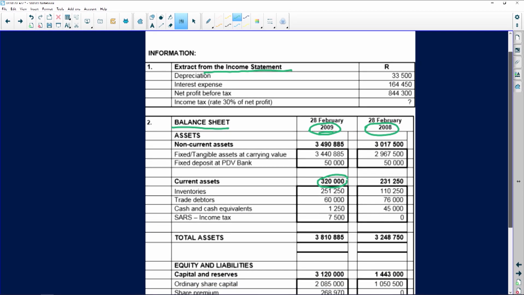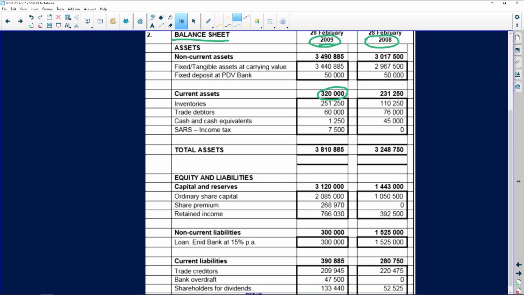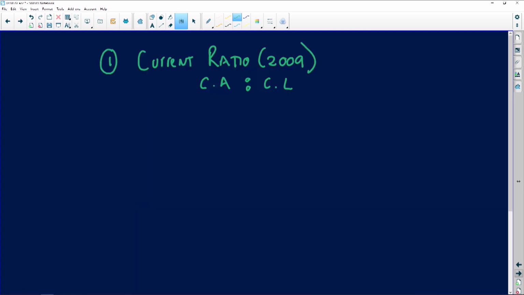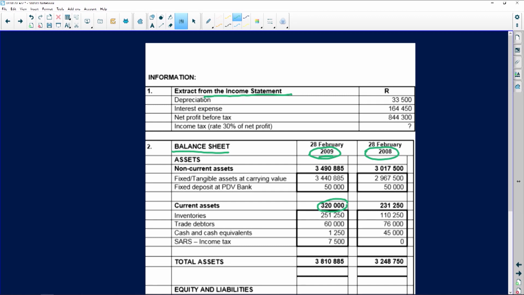My current assets is given to me already at 320,000, and my current liability, there's my current liability here, guys, 390,885. So let's take those figures through. My current liability, 390,885, and my current assets, I think it was 320,000, but let's confirm, that's right, 320,000.